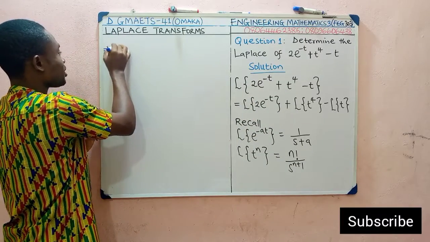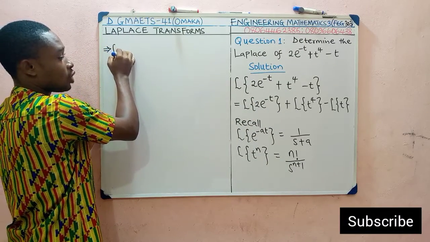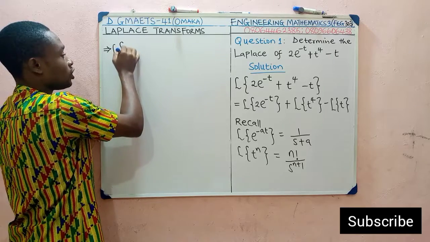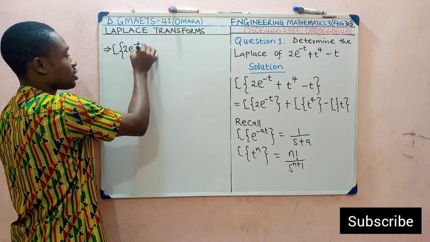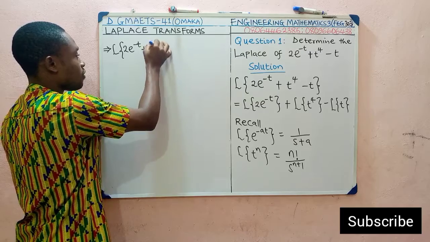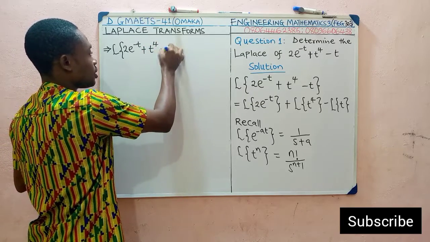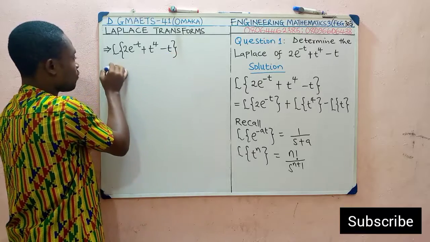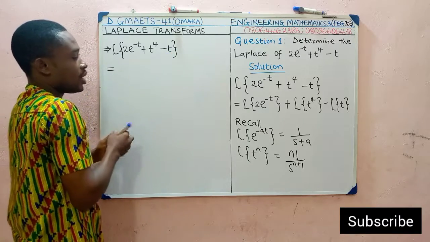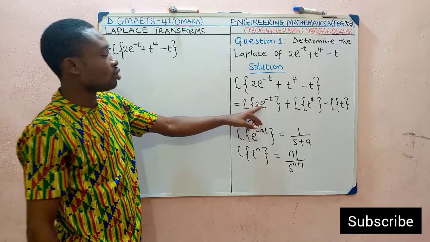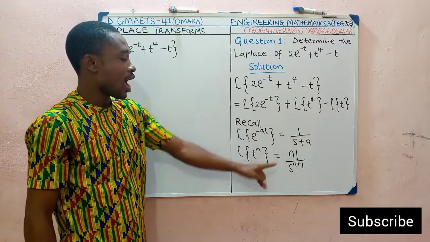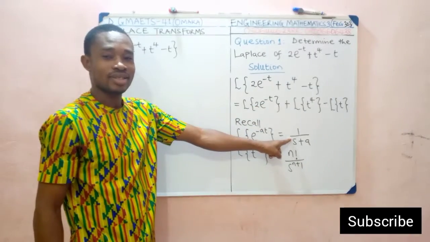It implies that the Laplace transform of 2 exponential minus t plus t raised to the power 4 minus t will now be equal to Laplace transform of 2 exponential minus t. I will use this standard. Alright?